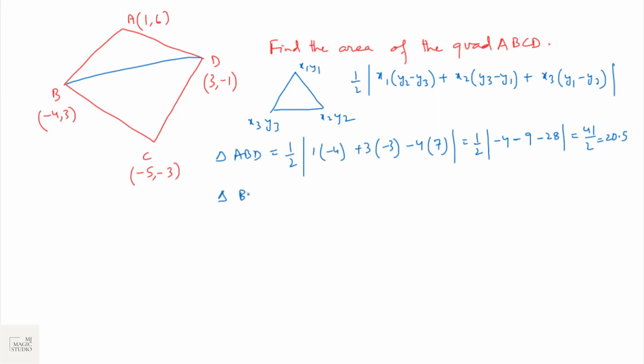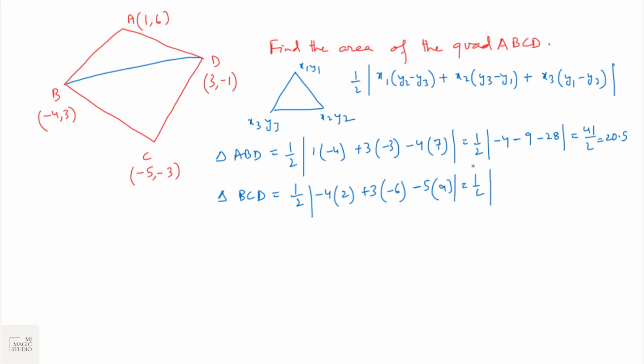Area of triangle BCD on the same line would be half into, let me start with minus 4 into minus 1 plus 3, that is 2, then plus 3 into minus 3 is minus 6, then minus 5 into 3 plus 1, that is 4.